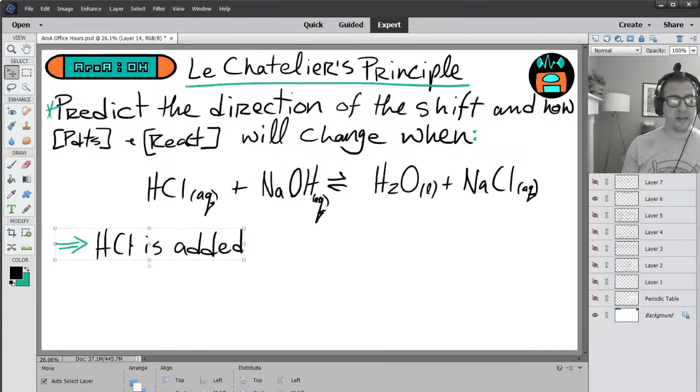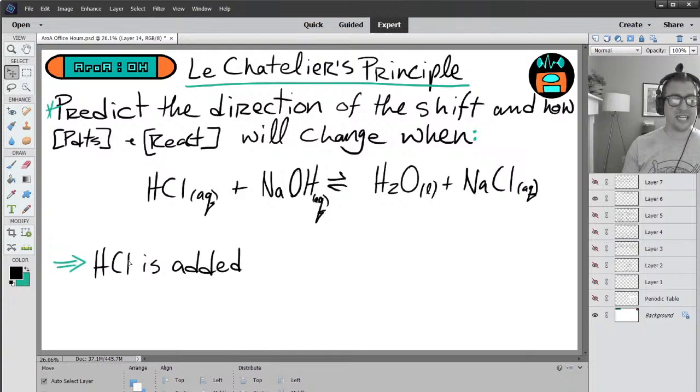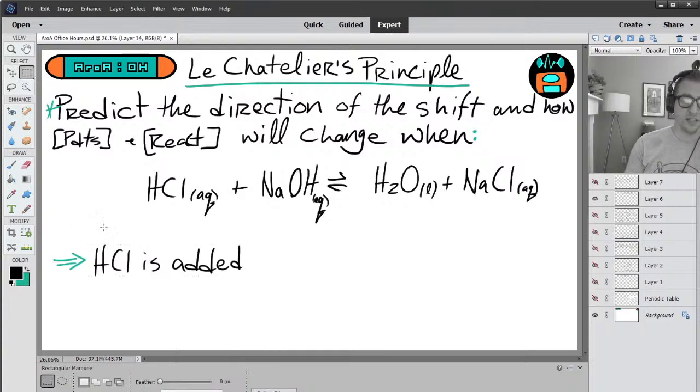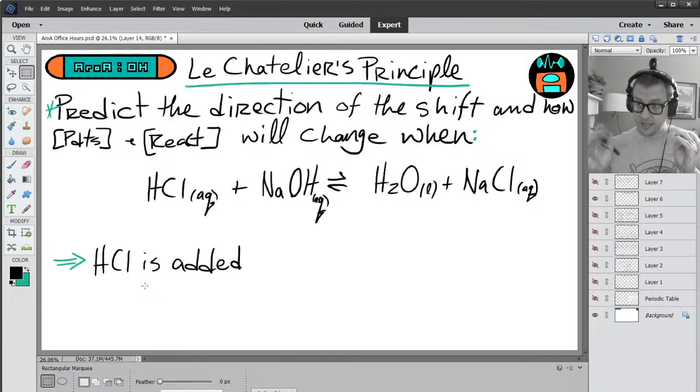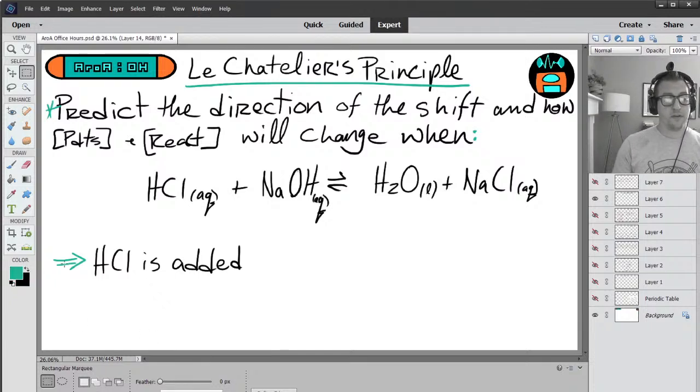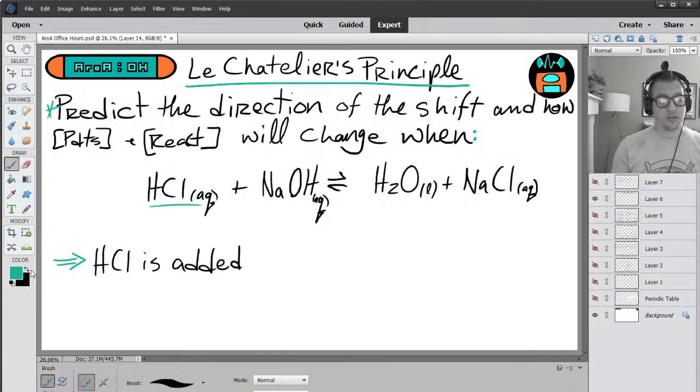All right, so the fundamental question that you need to ask yourself is, when you add HCl, is that going to affect the rate of the forward reaction or reverse reaction? For HCl, it is on the reactant side, so this will affect the rate of the forward reaction.